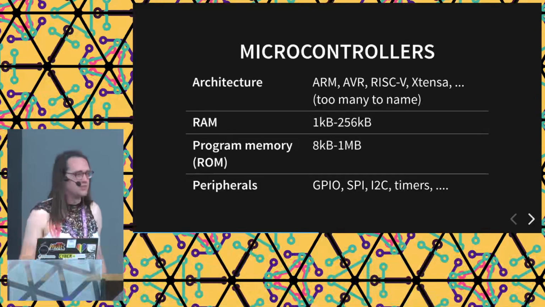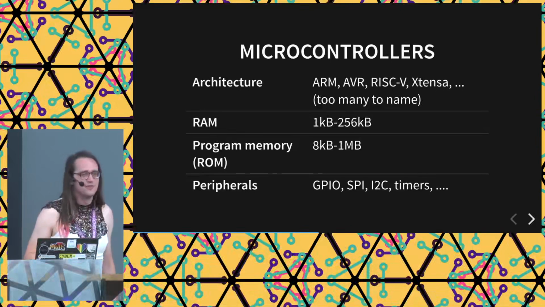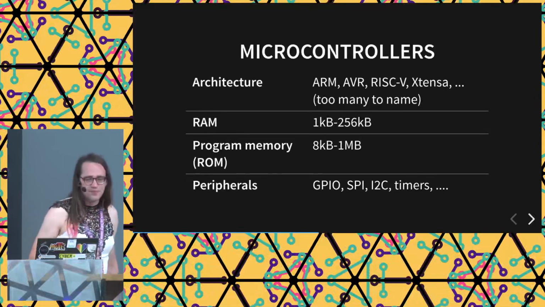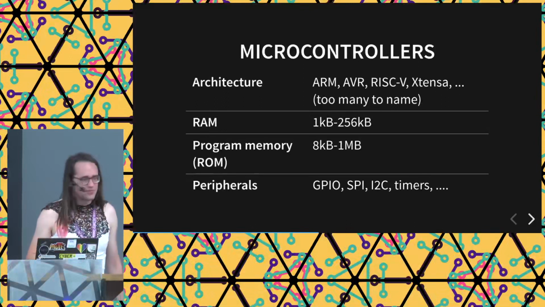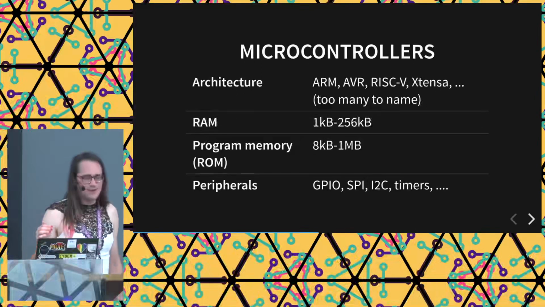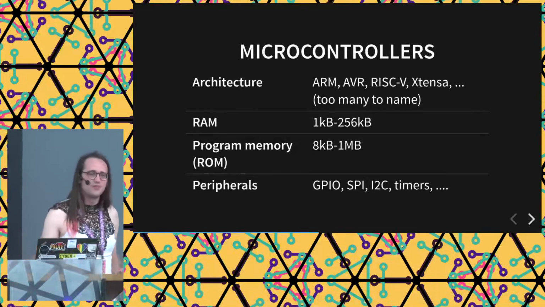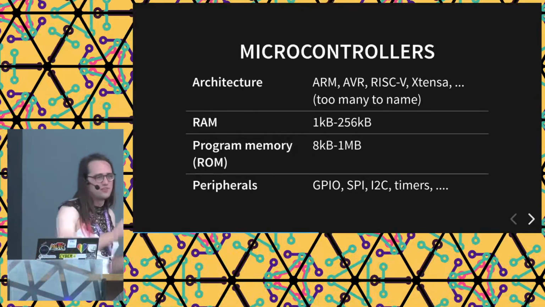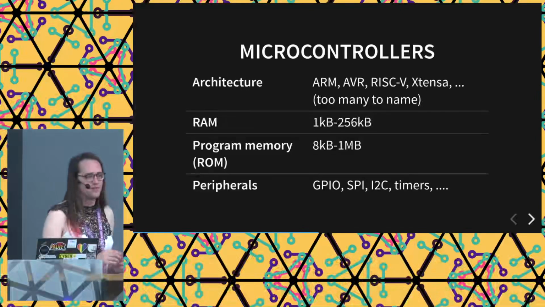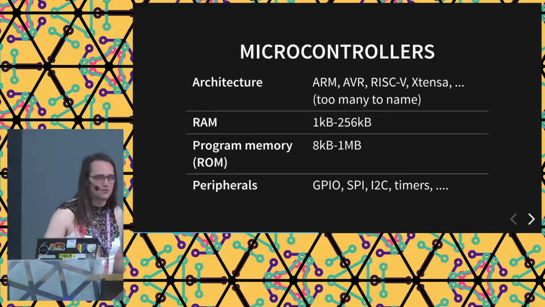They don't usually have memory protection, and they don't have virtual memory. However, what they do have is a large range of peripherals, which means they have various ways of interacting with other non-programmable chips, for example, gyroscopes or displays or whatever.